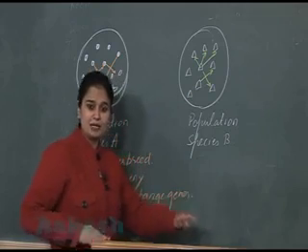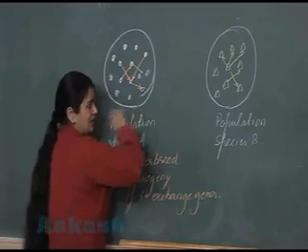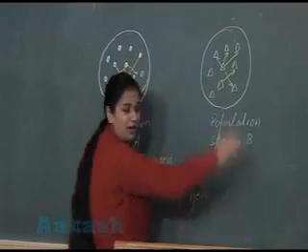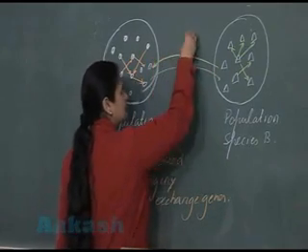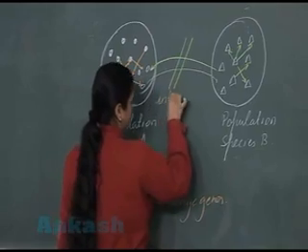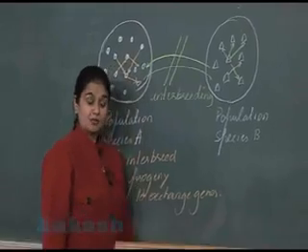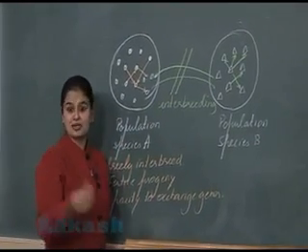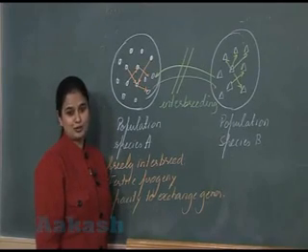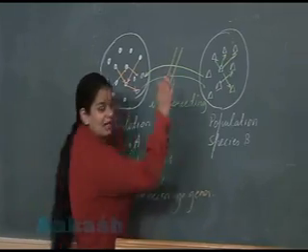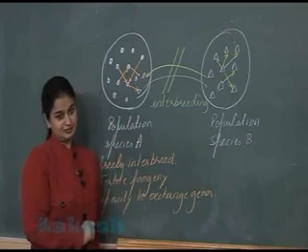But according to the biological species concept, members of one species cannot freely interbreed with the members of other species. Between the members of different species, interbreeding is absent. Means they cannot reproduce. It means we can say that these two different species are reproductively isolated.